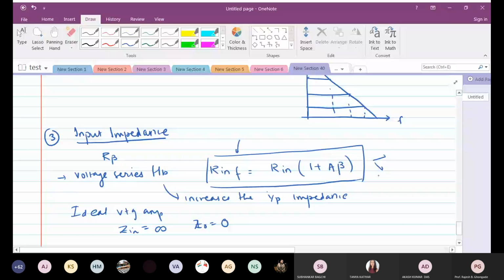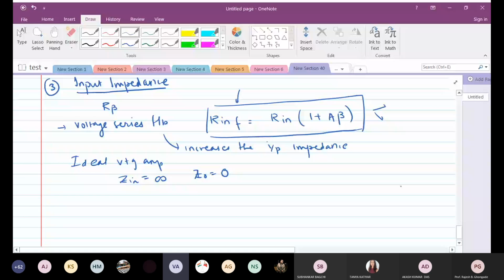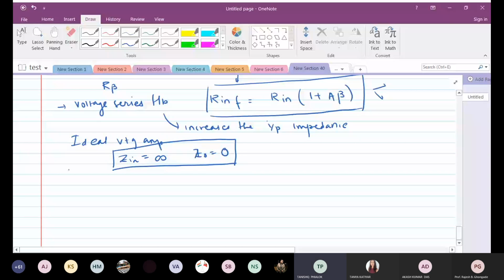Guys, do you remember this? Yes or no? Why should the input impedance of an ideal voltage amplifier be infinite, and why should output impedance be 0? Please pay close attention. I'll repeat this.